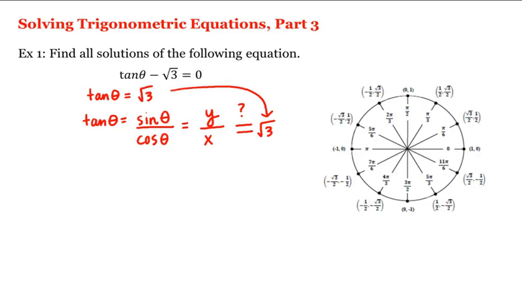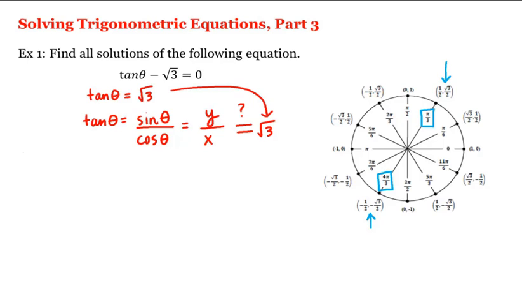And looking over here in quadrant 1, if we take the ratio of y to x here, which corresponds to the angle of pi over 3, we'll get square root of 3. But also if we take the ratio of y to x down here, which corresponds to the angle of 4 pi over 3, we'll also get square root of 3.